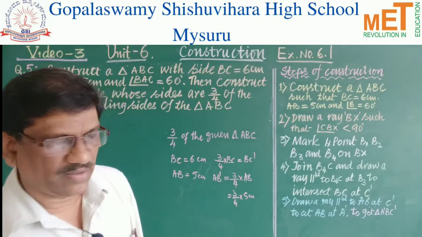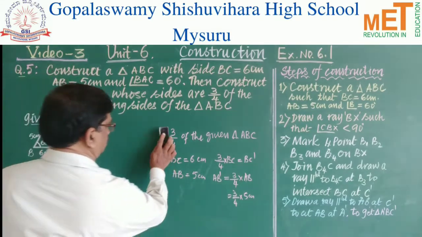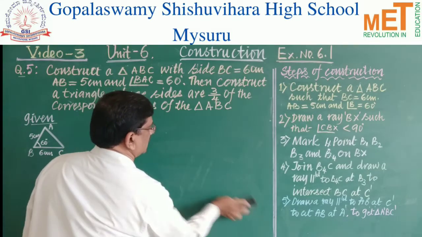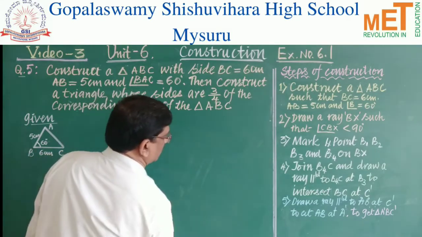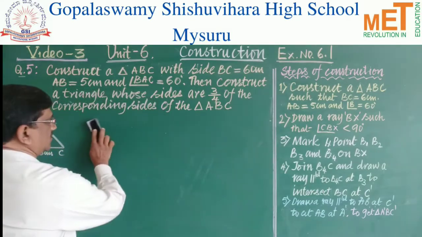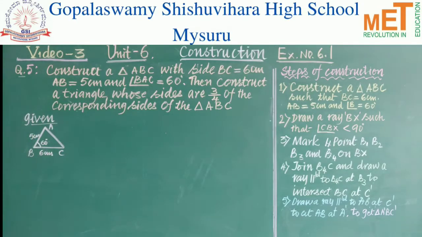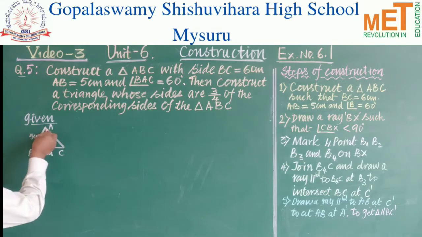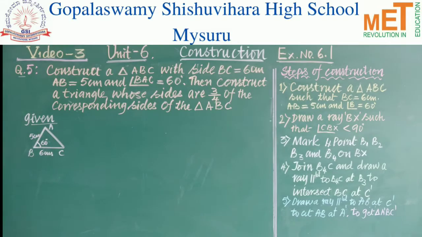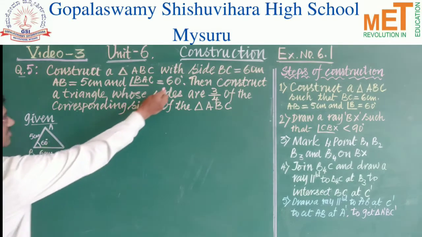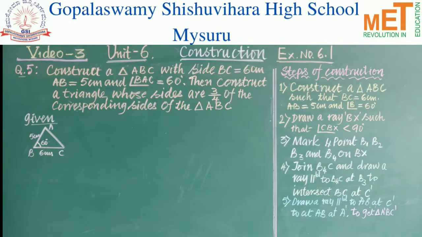Okay, so first, children, you draw a rough sketch of the triangle which is given. What is the given triangle? I have drawn here the given triangle ABC, in which angle B is given as 60 degree. I have taken BC as base.